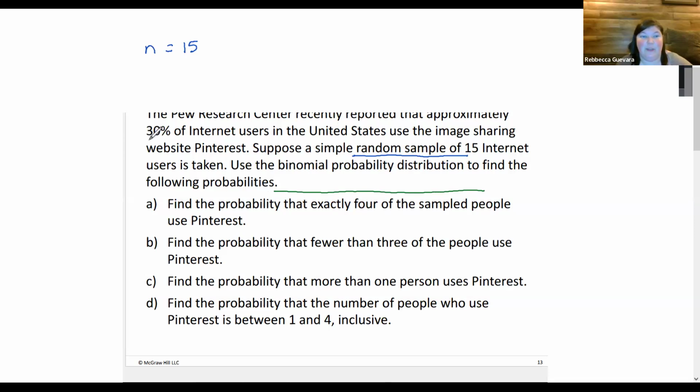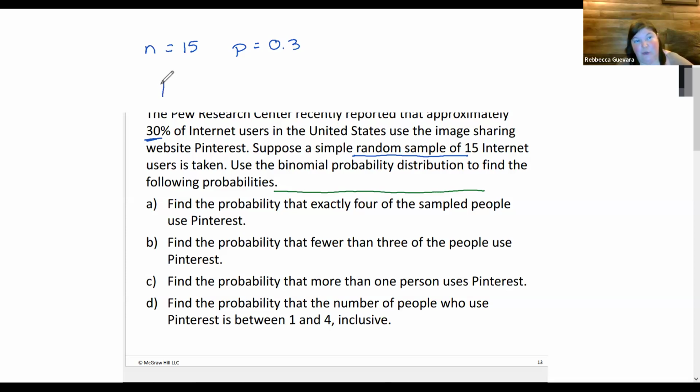The probability that a randomly selected person uses Pinterest is 30%, so the probability of success is 0.3. Then we want to know this part right here: having exactly 4 people sample Pinterest, having 3 or fewer sample Pinterest, having more than 1, or having between 1 and 4.